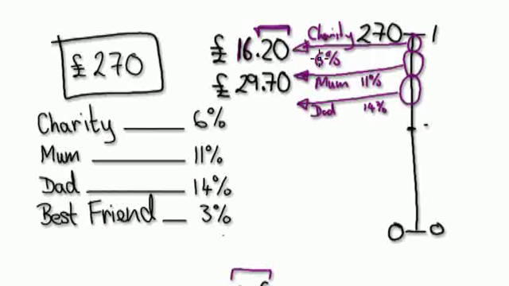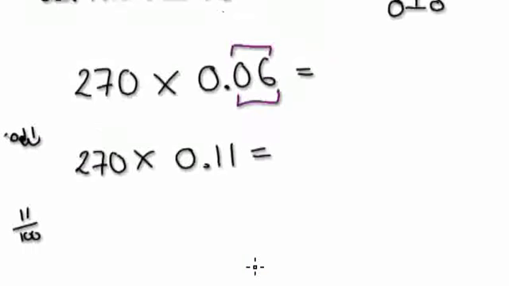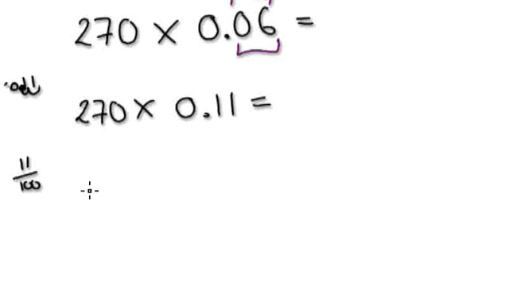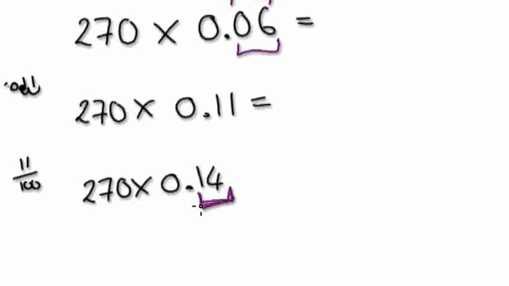You've given 6 pieces to charity, 11 pieces to Mum, and now 14 pieces to Dad. What is 14% of our original? So now get our original times 14%. 14% is 0.14. Have a quick glance at this. It's 14%, this one is 11%, this one is 6% in effect.